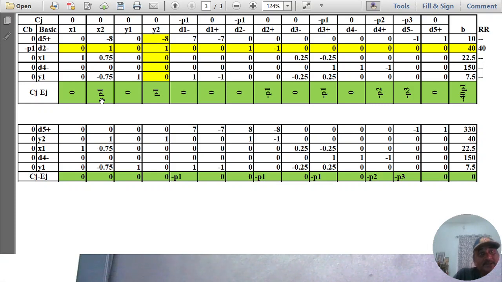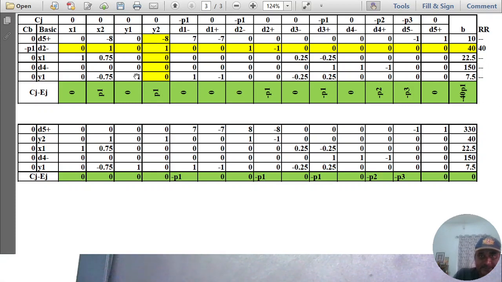Now earlier this had a negative value of Cj minus Zj, now it has converted to positive. Here also P1, here minus P1, minus P1, then minus P2, minus P3, and so on. And this is the value of Z, which is now coming to minus 40 P1. Don't forget to change the coefficients also.